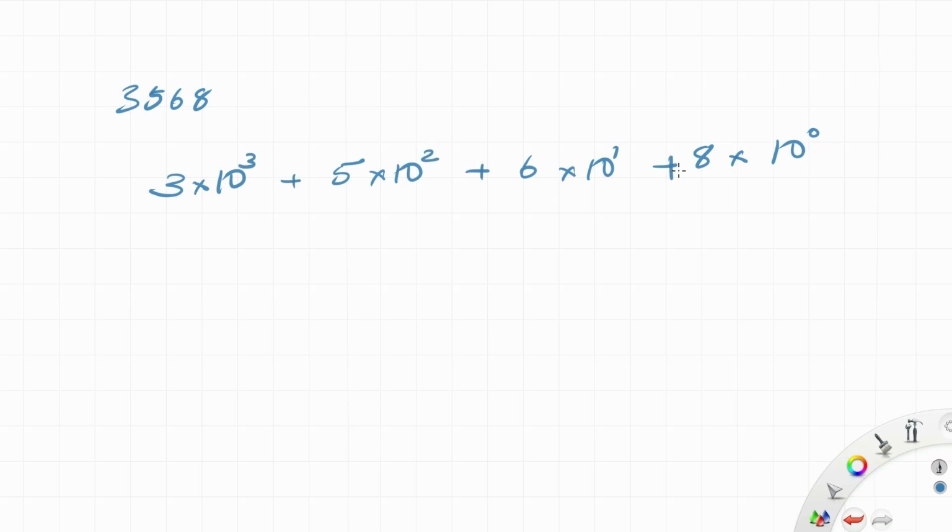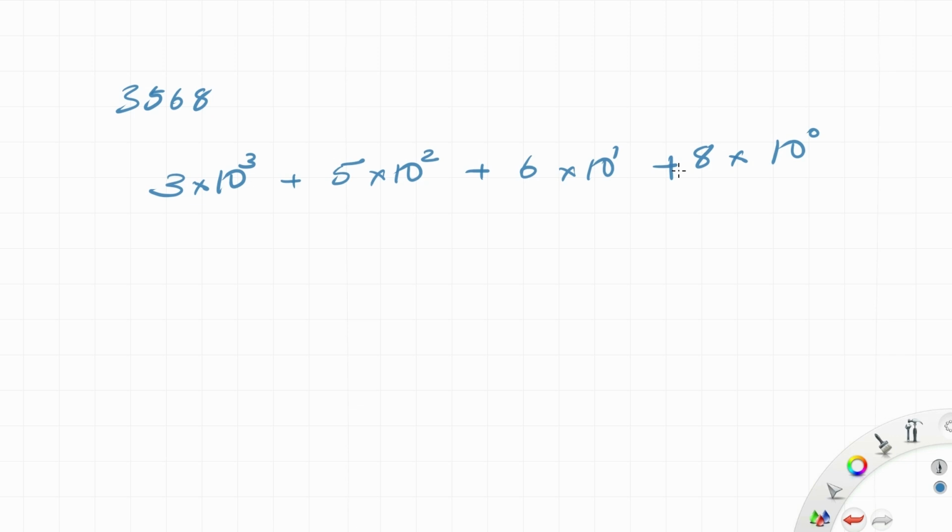Basically this number, 3568, is 8, 6, 5, 3 multiplied by 10 to the power 0, 1, 2, 3, added together. So this is how this number is calculated.